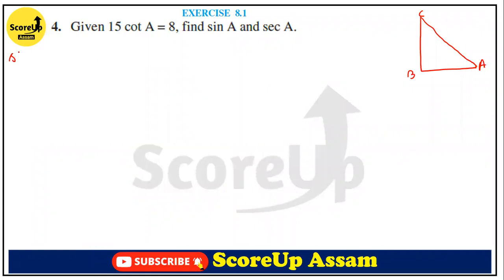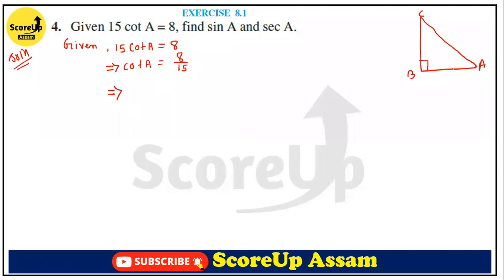So you have to write the solution. Here, what is given? Given 15 cot A is equal to 8, right? That means we can write cot A is equal to 8 by 15. Now look at this triangle. Cot means base by perpendicular.